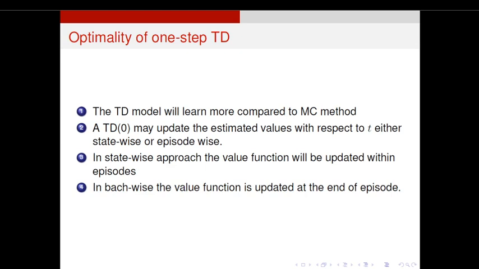It can calculate all state values within the episode. The second option is that the agent has to wait till one episode completes. Then it updates the value of each state V of S using the formula.